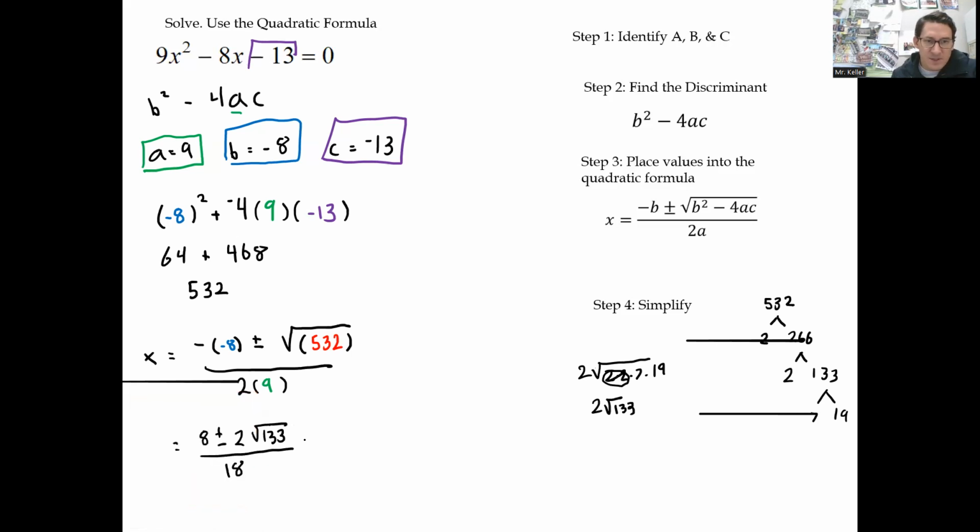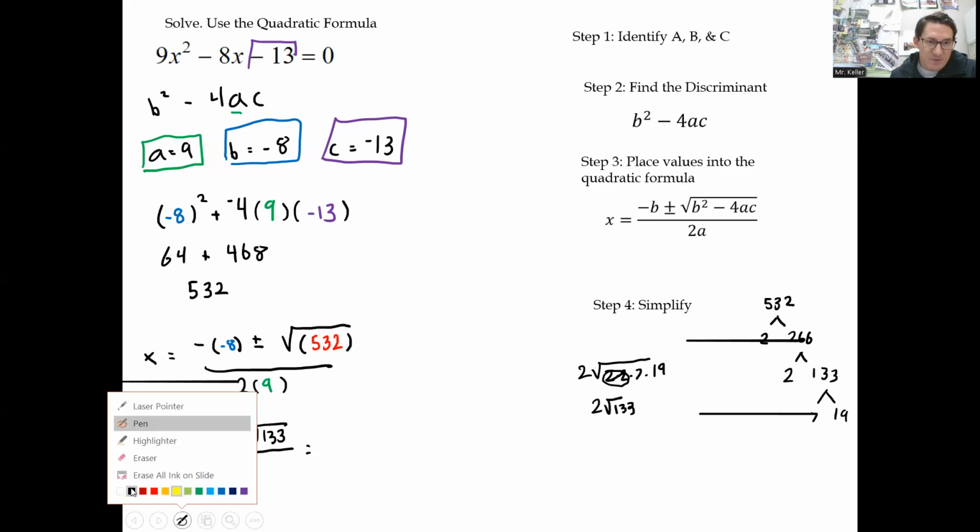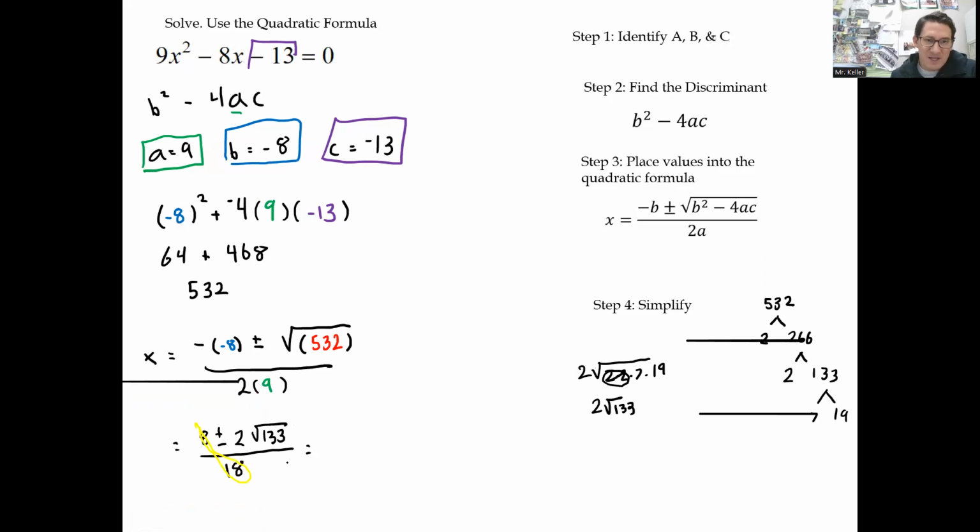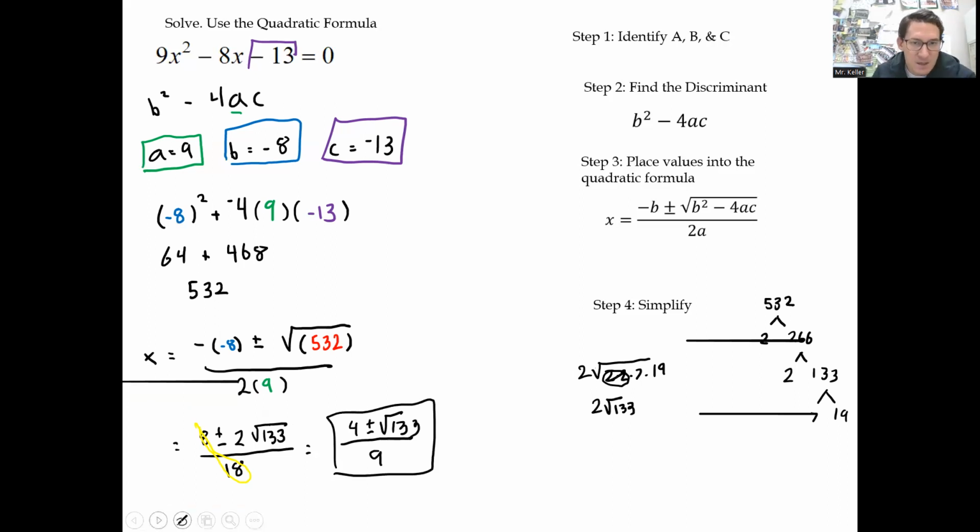Since these are both divisible by 2, I can reduce the 8 and 18 and the 2 over 18. So it's going to be 9 on the bottom, and then 4 plus or minus √133. And that is as simplified as we need to take it.